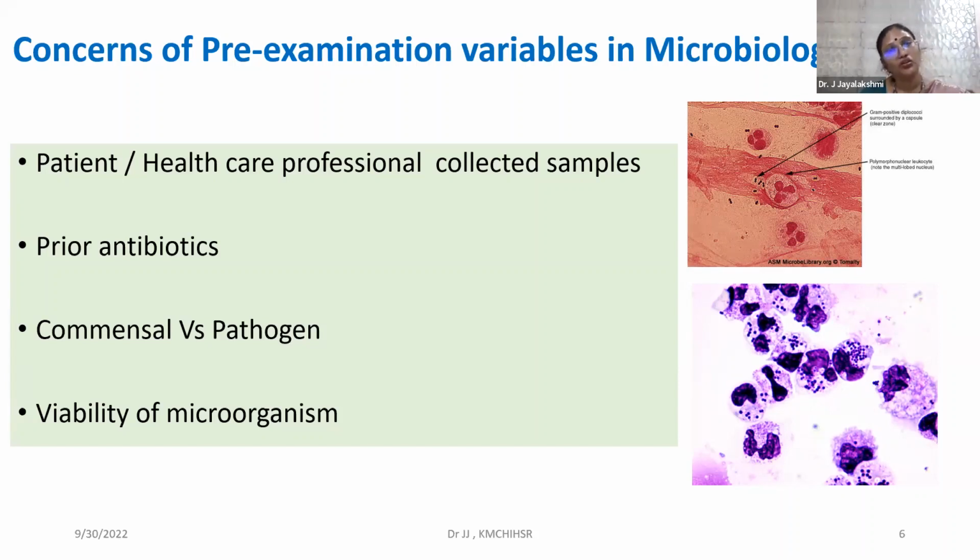Now, we also have to worry about the variable which is the viability of the organism. Each of these organisms has a different lifestyle, different ways of multiplying, different ways of existing, and so they are going to live in different specimens for different periods of time. If you put them at different temperatures, they're not going to survive, or they're going to do well.